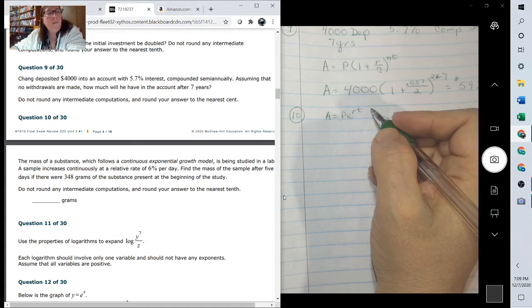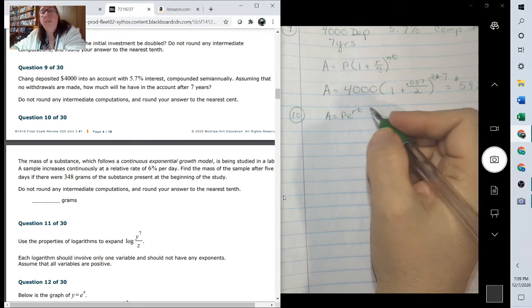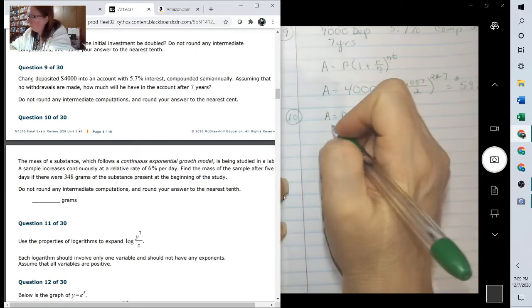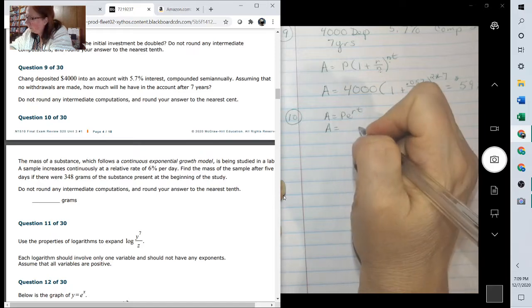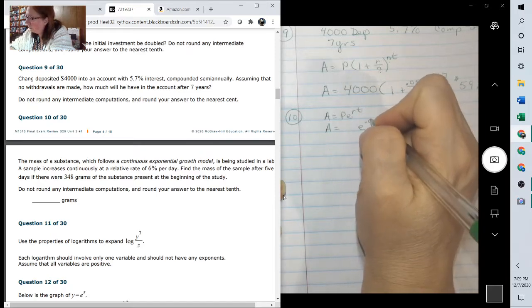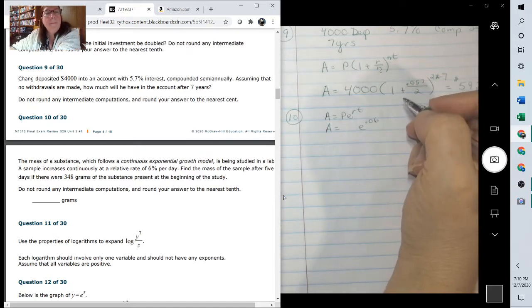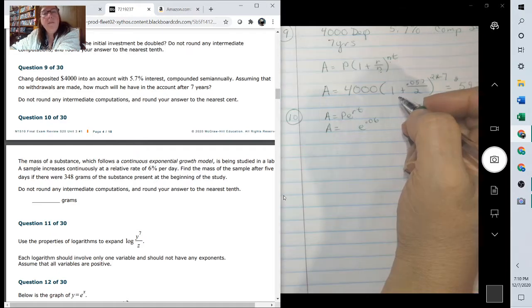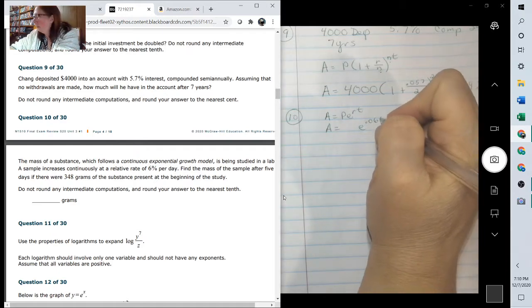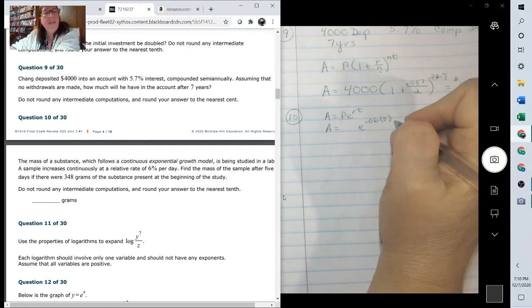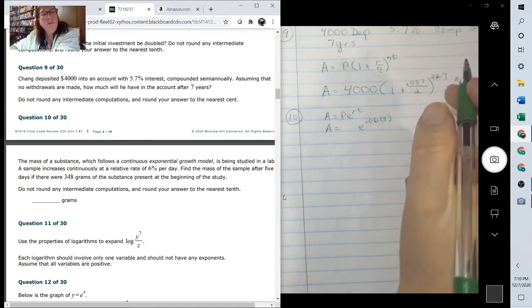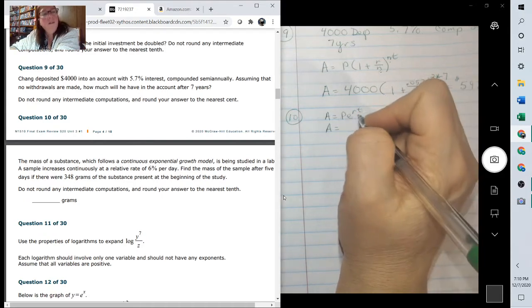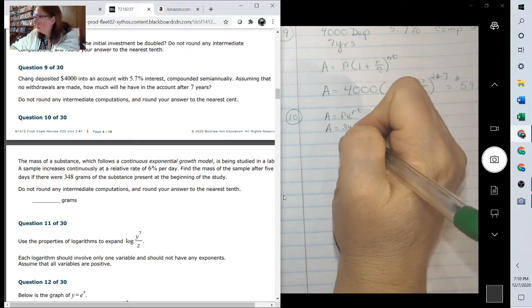A sample increases continuously at a relative rate of 6%, so R is 6% per day. Find the mass of the sample after 5 days, if there is 348 to start.